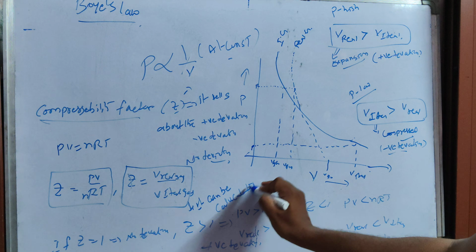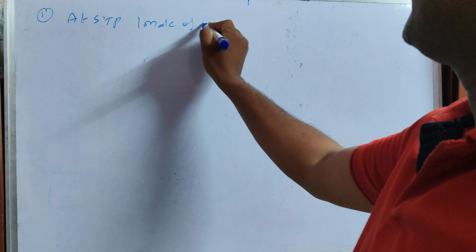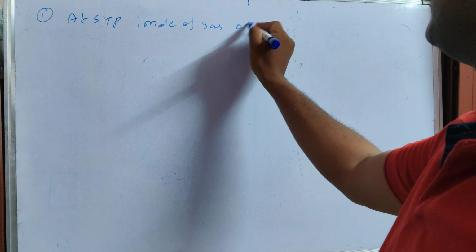Next, we write one of the formulas. At STP, 1 mole of a gas occupies 22.5 liters of volume.